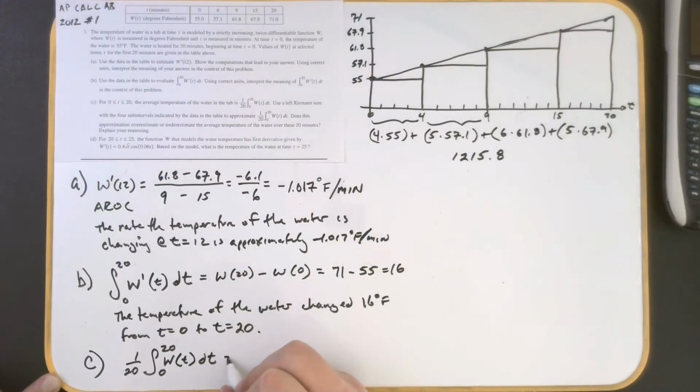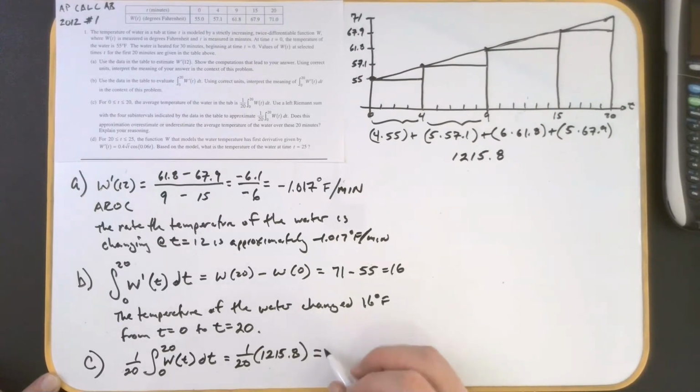So down here, I'm just going to write this as 1/20th times 1,215.8. With your calculator, you can take this and divide by 20, or times 1/20th, and the final answer is going to be 60.79. Getting back to the beginning part of part C, they're telling us that this symbol gives us the average value of W, which would be the average temperature of the water over the 20-minute interval.